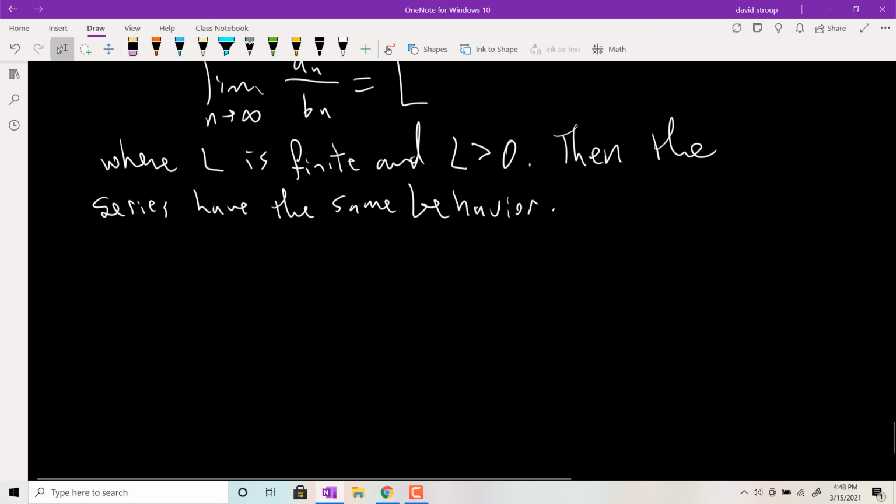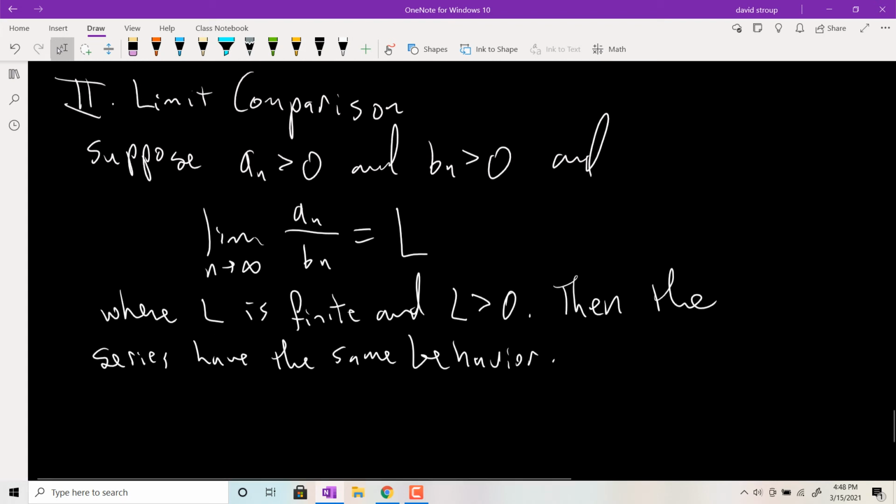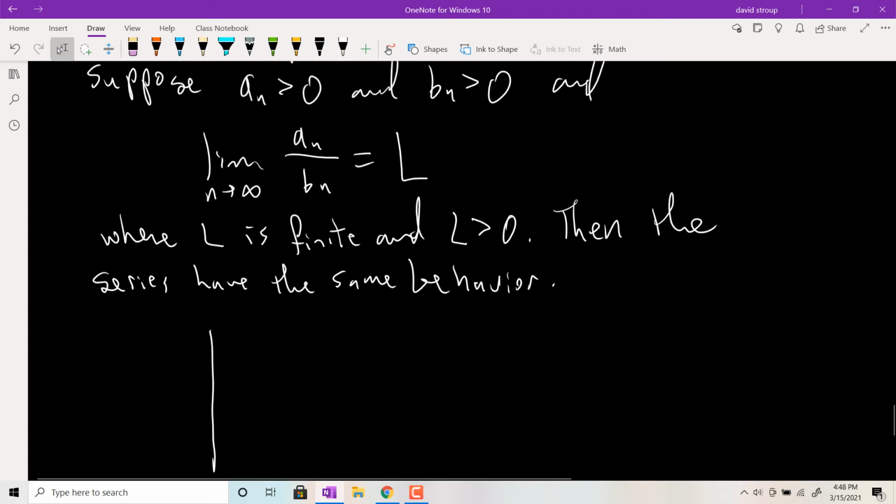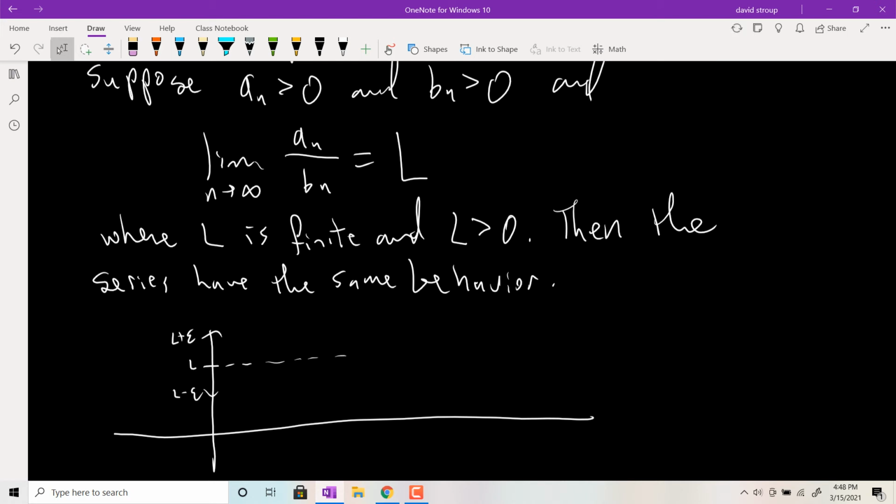Okay, so I want to see a proof of this. So one thing, it's from the strict definition of a limit, if you remember all that jazz, basically that limit above says that eventually for any epsilon you pick, so L plus epsilon to L minus epsilon, eventually there'll be some number called sort of big M, such that when you go past that big M value, all the terms of our sequence will kind of fall in between L minus epsilon and L plus epsilon.